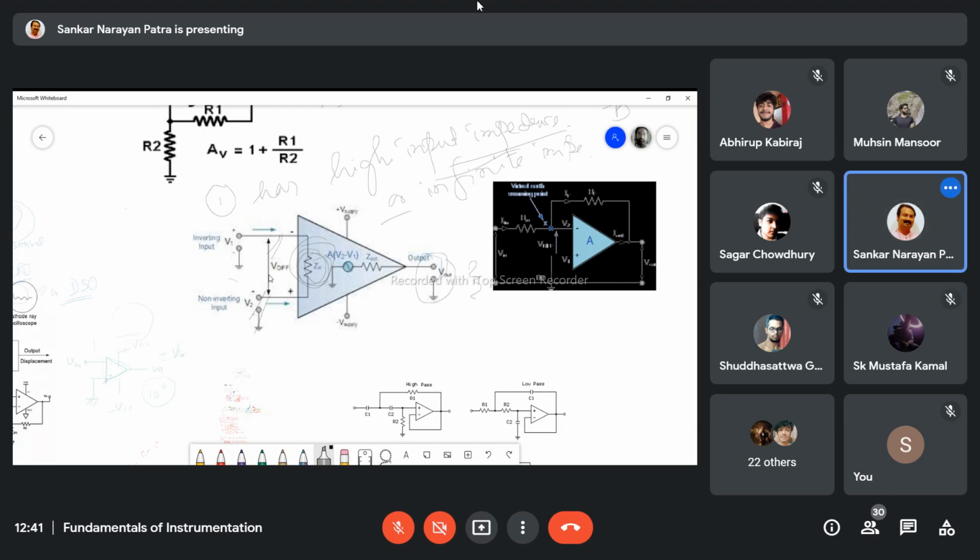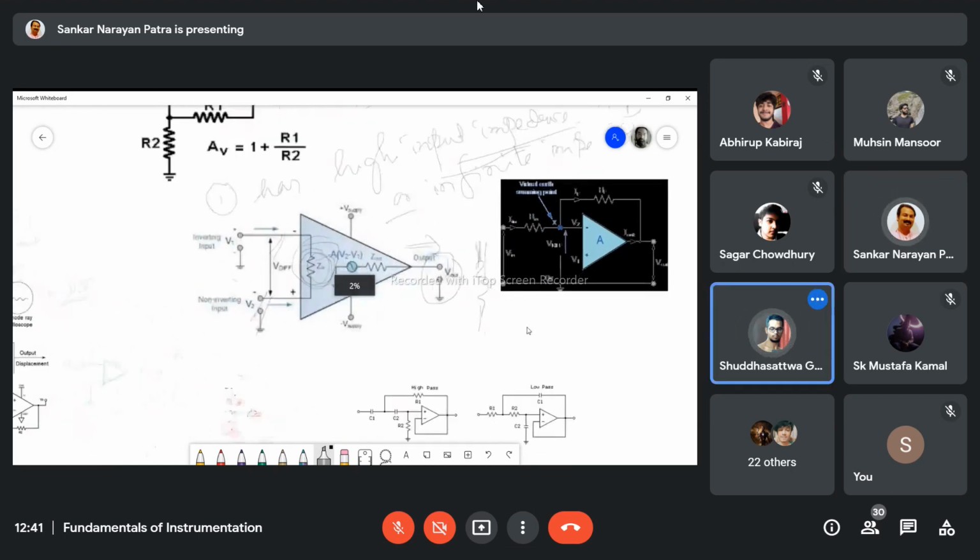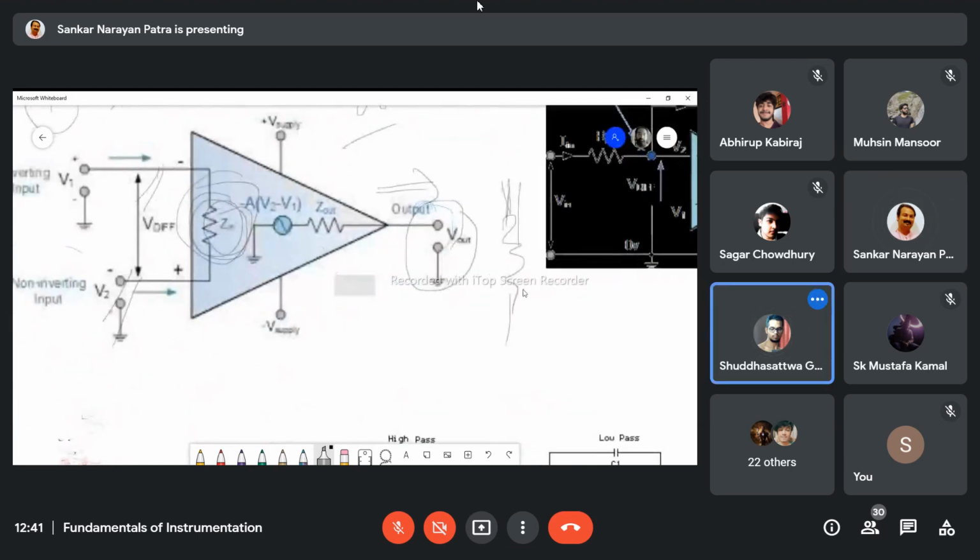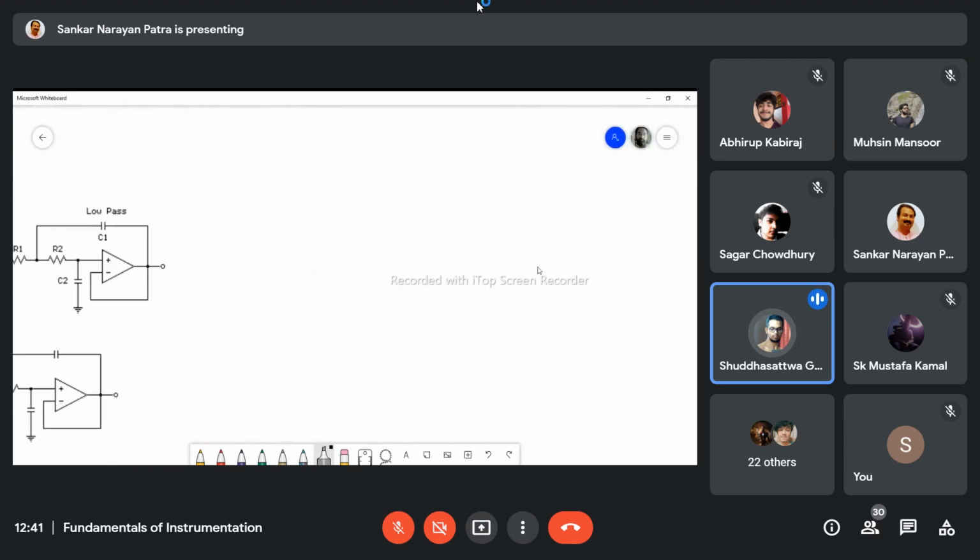Sir, which part is reverse biased? Which one is reverse bias? Tell me. So the input is supposed to be reverse biased.